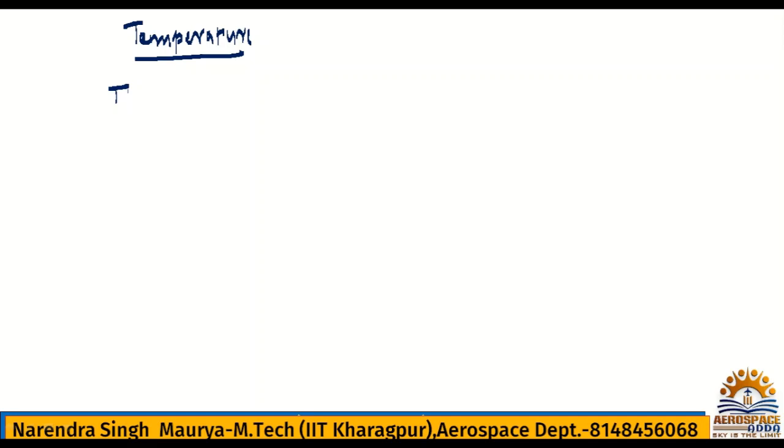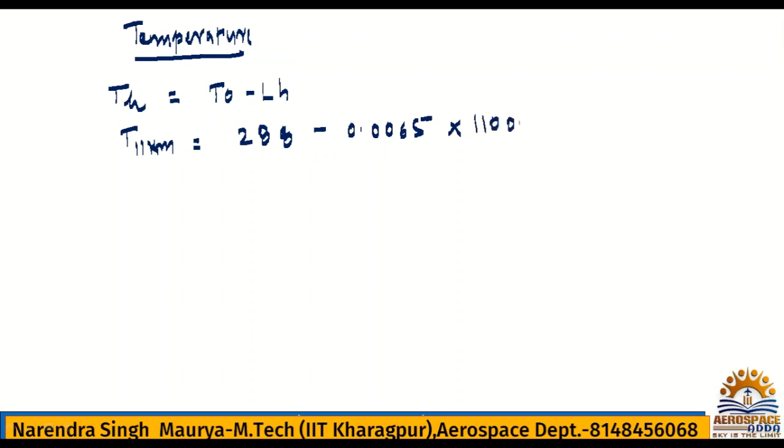At any altitude, Th is equal to T naught minus L into H. What is H? 11 kilometers, so I must write sea level temperature 288 minus lapse rate, into the height, 11 kilometer converted into meters, 11,000. Let's calculate it: 0.0065 into 11,000, 288 minus this.